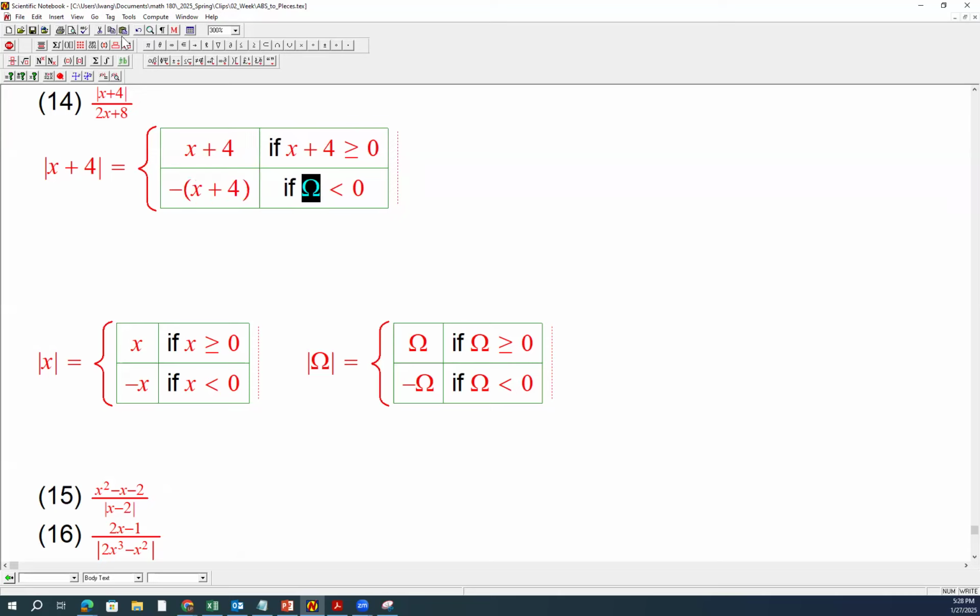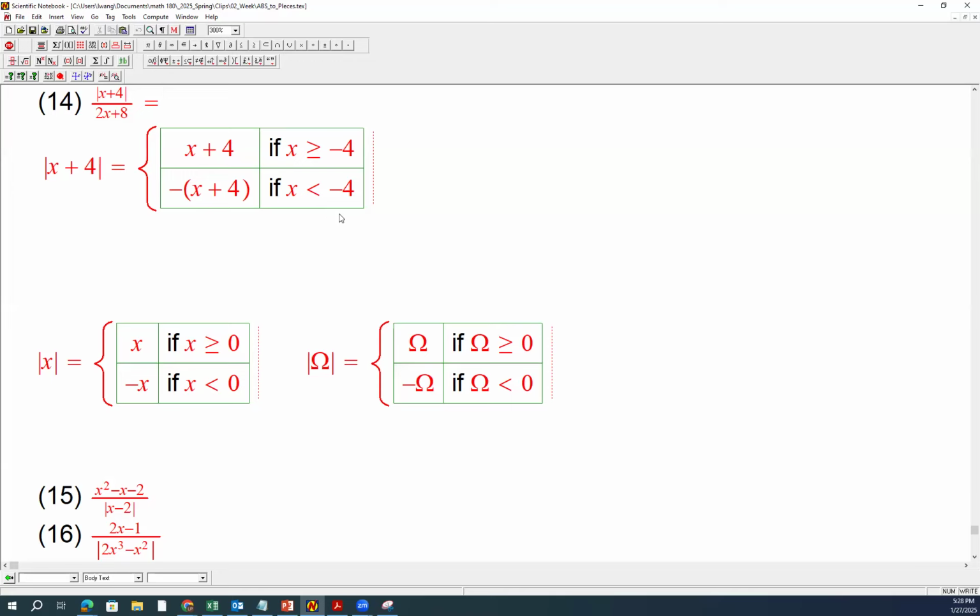Please do follow me. And x plus 4 greater than or equal to 0 means x is greater than or equal to negative 4, and this one is x less than negative 4. Now this whole thing will be divided by 2 times x plus 8.